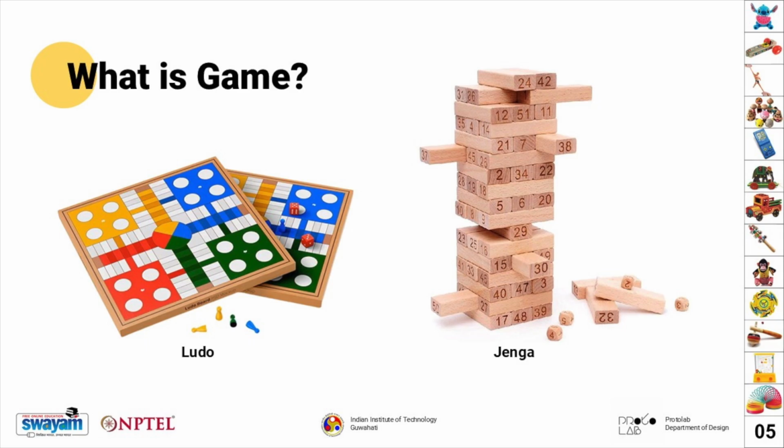Examples: Ludo, Uno, football, Zynga, chess, etc. Let us look at the attributes of a game through three key lenses: play, design, and functional attributes.